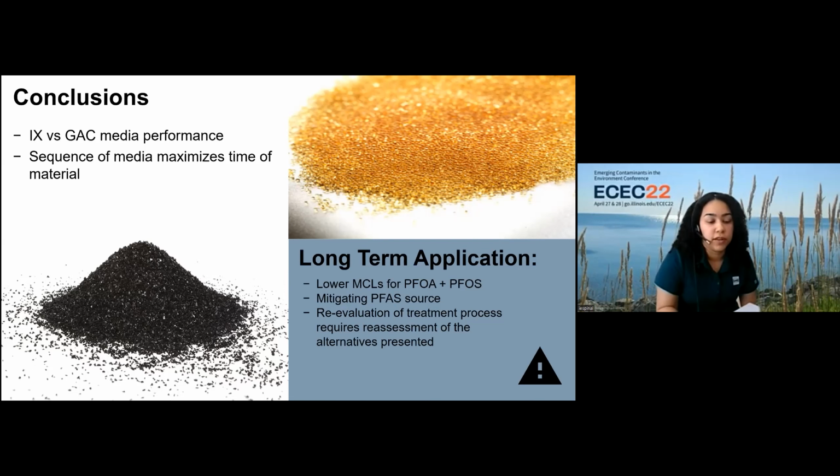So we wanted the PFAS to be after the nitrate if the nitrate would still be in place. So long term, we are definitely concerned about the reduction of PFOA and PFOS MCLs. And for this case study, we didn't focus on mitigating the PFAS sources, but that's something to take into consideration.